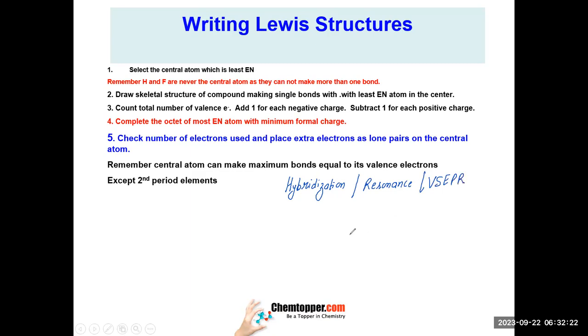So these are the three topics which are left of this unit 2. And once these are done, we can move to the next unit. So let's start with VSEPR, this one.